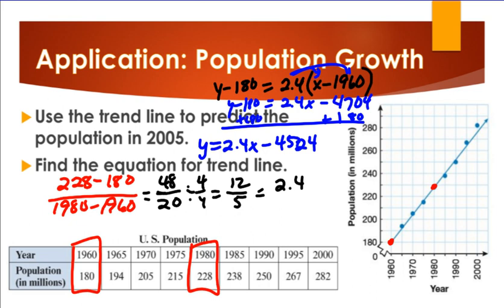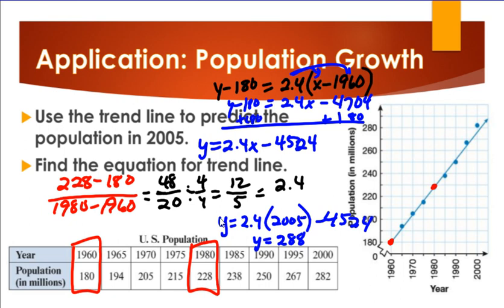And since x is the year they're asking you about, in the year 2005, if I put 2005 in for x, I would have y equals 2.4 times 2005 minus 4524. So 2.4 times 2005, then minus 4524, y would equal 288.